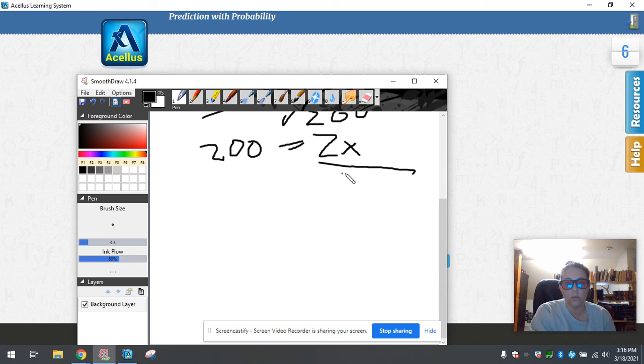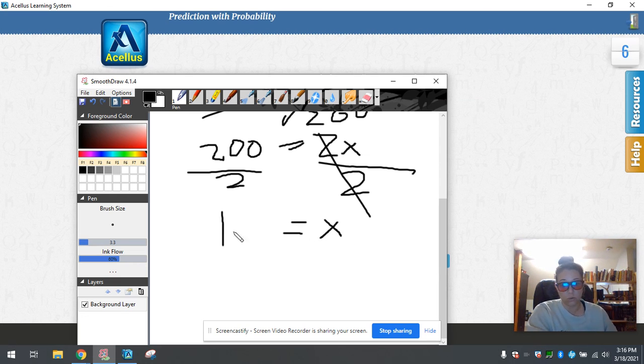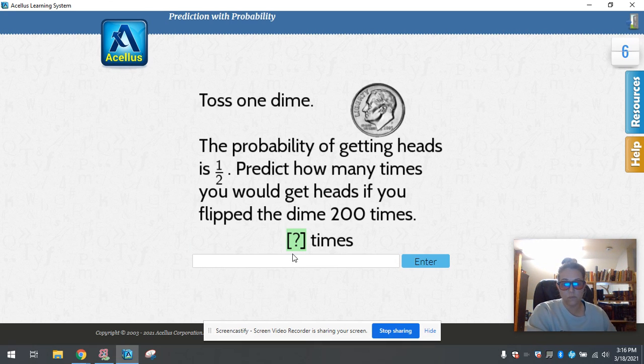To get that variable all by itself, I divide by what's attached to it. And I'm left with x equals 200 divided by 2, which is 100. Which makes sense. 1/2 is equal to 100 out of 200, because 100 is half of 200.